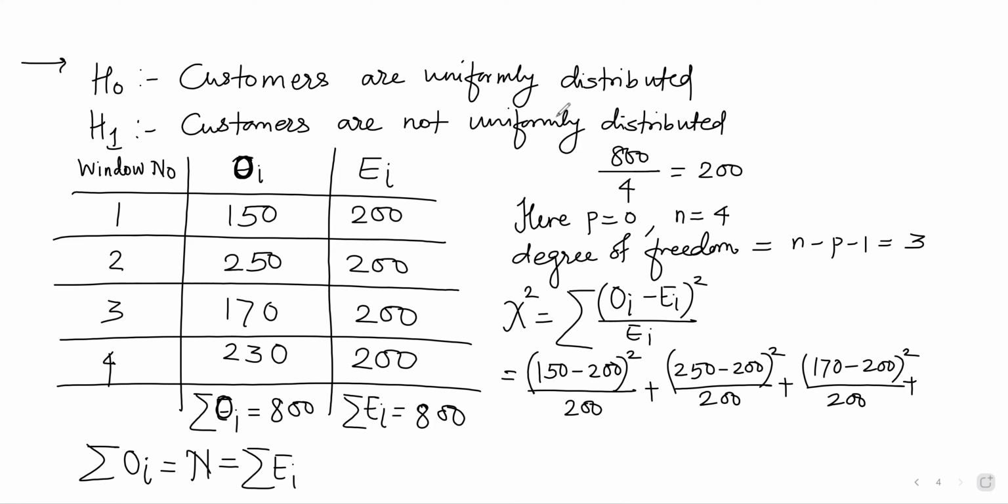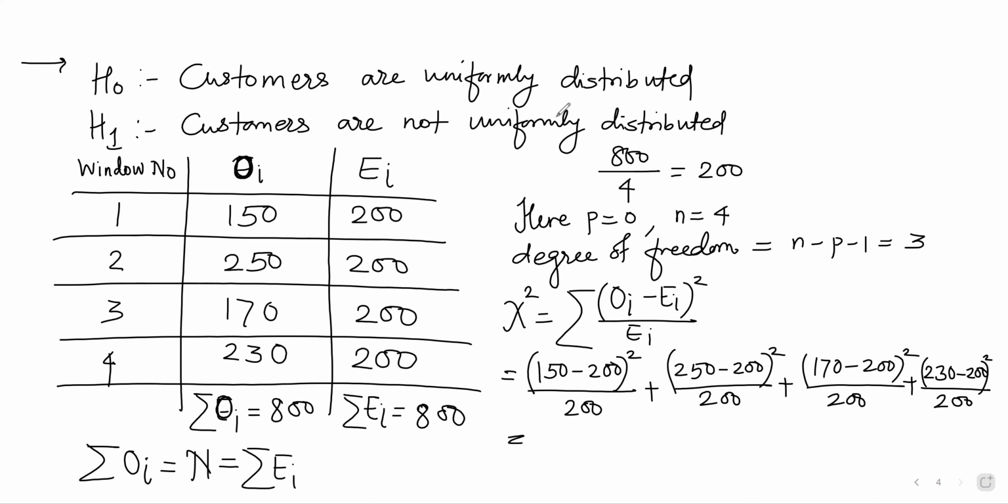In some cases they won't be the same, so I'm writing it separately. The fourth is (230 minus 200) whole square divided by 200. So you calculate this answer.